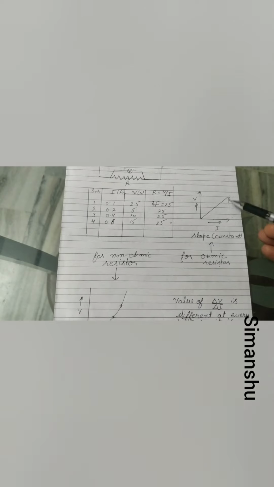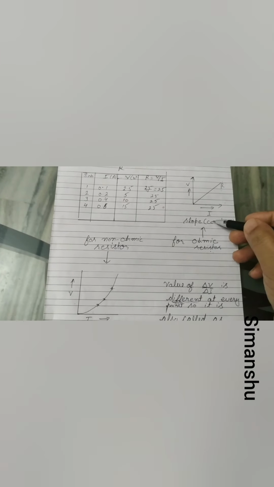So resistance is changing. For a changing resistance, we use the word dynamic. In case of an ohmic resistor, resistance remains the same, so the slope is constant, or we can say resistance is constant. Here it is changing, and this value delta V upon delta I we call dynamic resistance. Thank you.